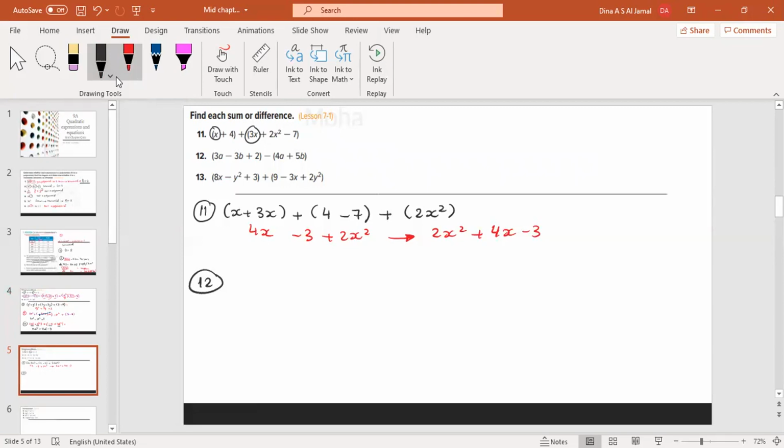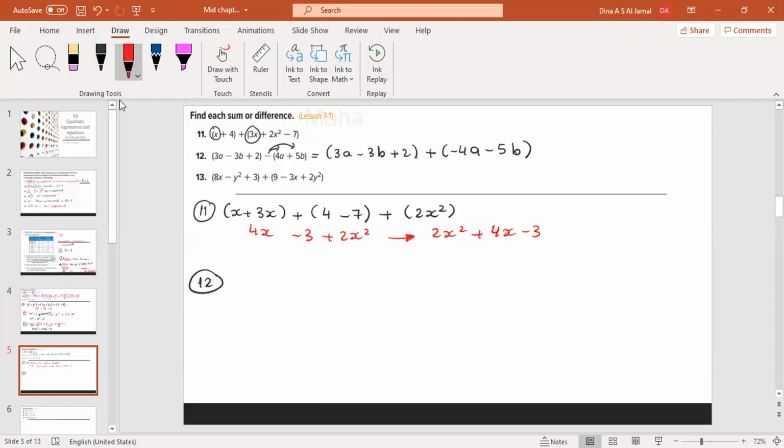So let's go to 12. Now all you need to do is, first of all, distribute the minus. Easier. So 3a minus 3b plus 2 plus minus 4a minus 5b. Because sometimes some of the girls will be forgetting the subtraction. So it's better to distribute it from the beginning.